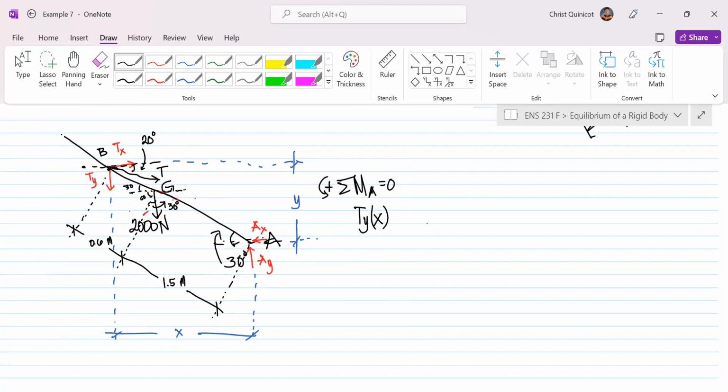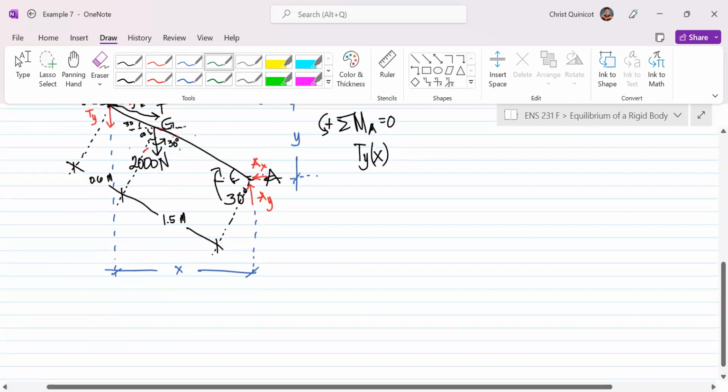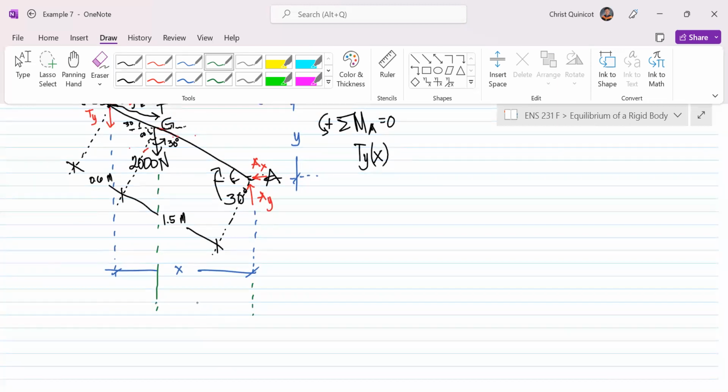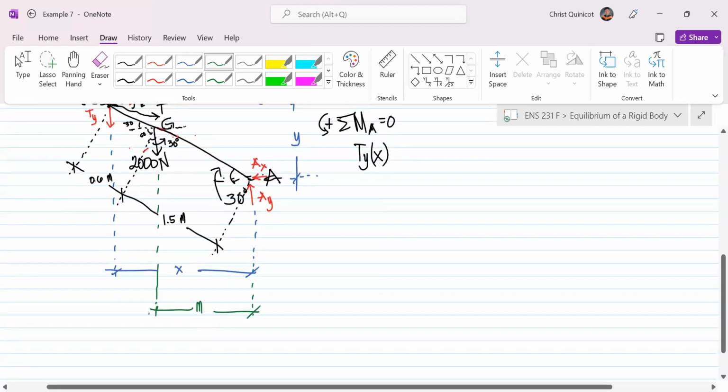And then 2000 Newton, in another color, green: this would be the perpendicular distance of 2000 from A. Let us have that as M. So that is plus 2000 times M.